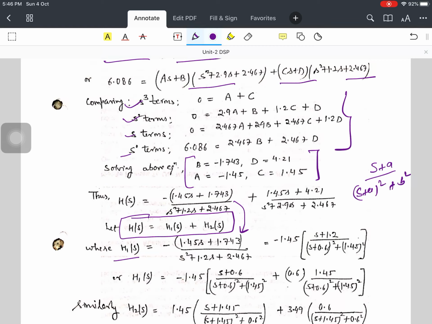So you can see here s plus 0.6 upon (s plus 0.6) whole square plus (1.45) whole square, and then there is another term, 0.6, where we have taken 1.45 as b, upon (s plus a) square plus b square.